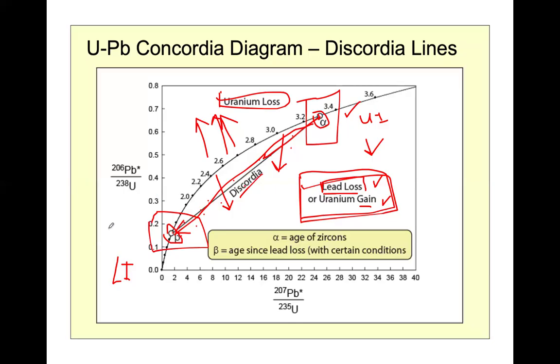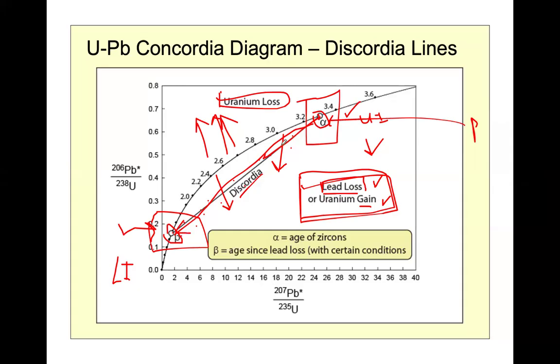Okay, so this discordia still gives you meaningful time information. The lower intercept might correspond to the metamorphic age, and the upper intercept to the crystallization age, in other words the protolith age. That means if any zircon suffered metamorphism, it will definitely be discordant and get plotted like this.